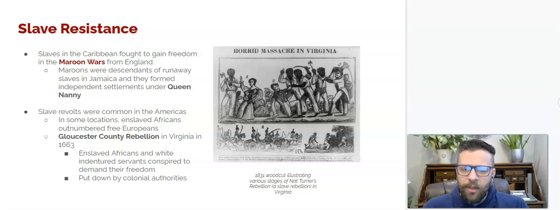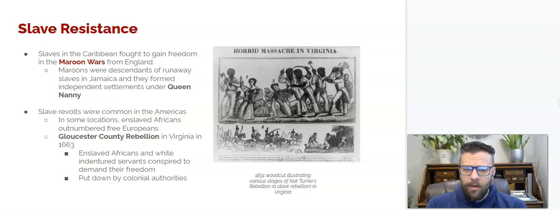Some slaves in the Caribbean fought to gain freedom in what were known as the Maroon Wars in Jamaica. Maroon refers to the descendants of runaway slaves in Jamaica who were able to successfully resist British imperial control. They formed their own independent settlements under the leadership of Queen Nanny.